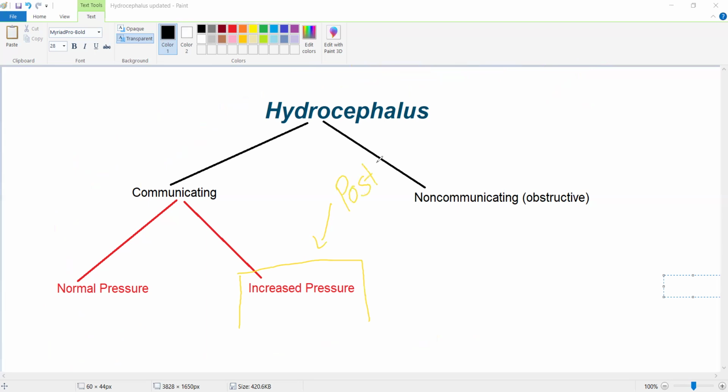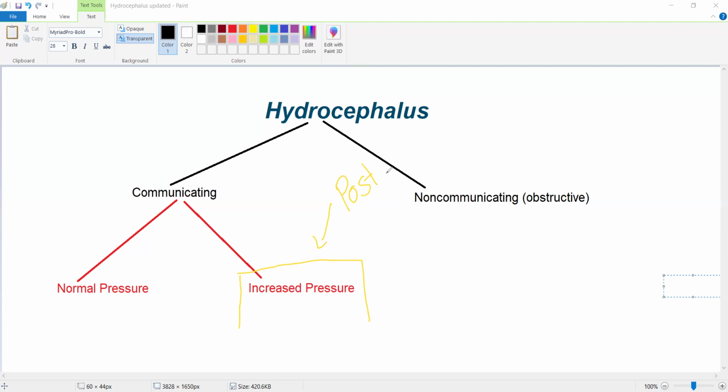The USMLE assesses this kind of hydrocephalus by giving you post-meningitis symptoms, and sometimes they ask which type increases the risk of which condition. They sometimes give you CSF values, high pressure, high glucose in the CSF, and they want to know about communicating hydrocephalus. So the high-yield stuff is post-meningitis.